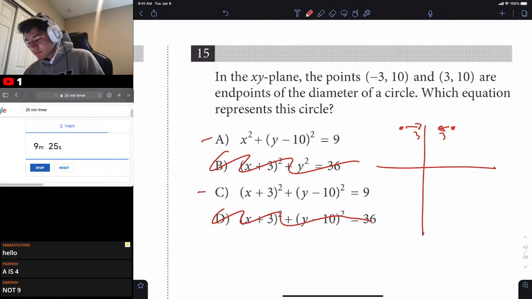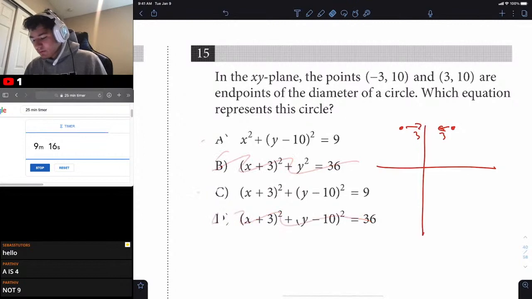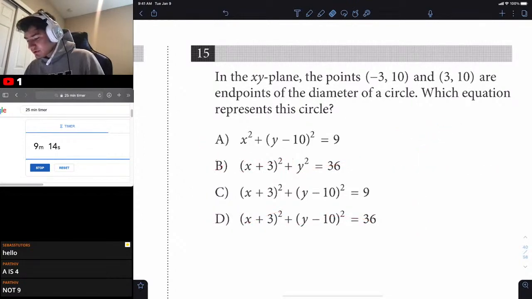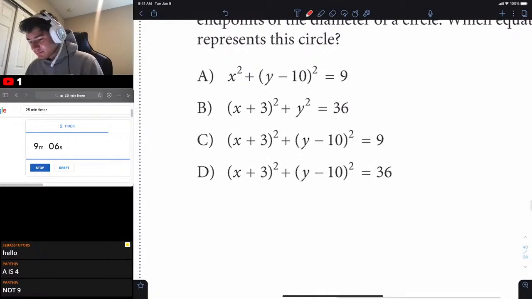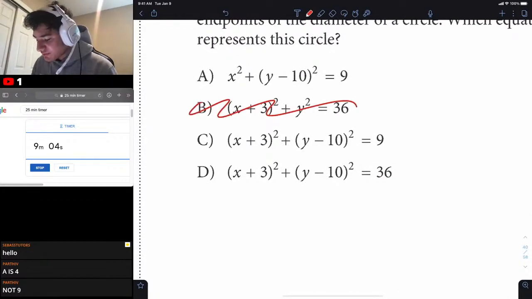So 0, ooh, hold on. I don't know. Never mind. We're not going to mess around and do that. So we know the radius is 3. We know that. That's guaranteed. So again, this one has to be out, and this one has to be out.